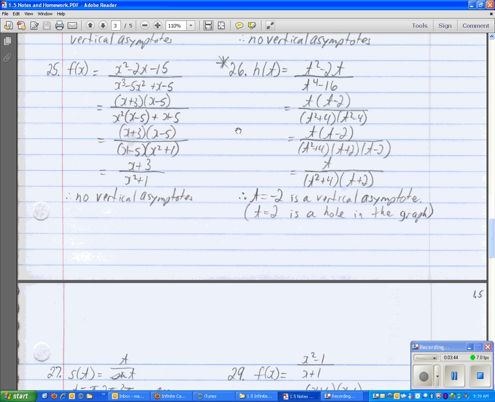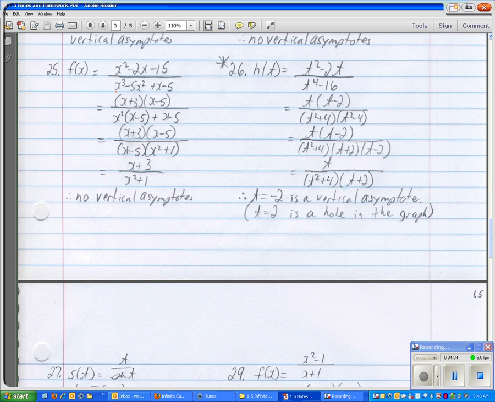That's your vertical asymptotes. So on 25, let's factor, because if we can remove discontinuities, then they're removed and they're not vertical asymptotes. So everybody's favorite thing to do in the denominator is to factor by grouping. If I look at the first two terms in the denominator together, I can take out an x squared as a greatest common factor.